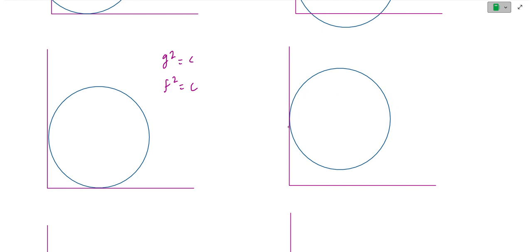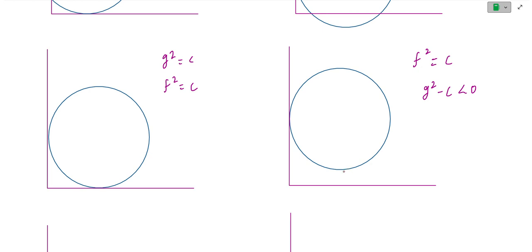In this case, the circle is touching only the y-axis. It is neither touching nor intersecting the x-axis. So f square should be equal to c, and g square minus c value should be less than 0. Why?